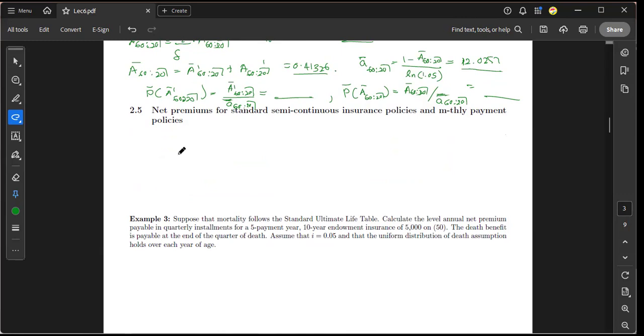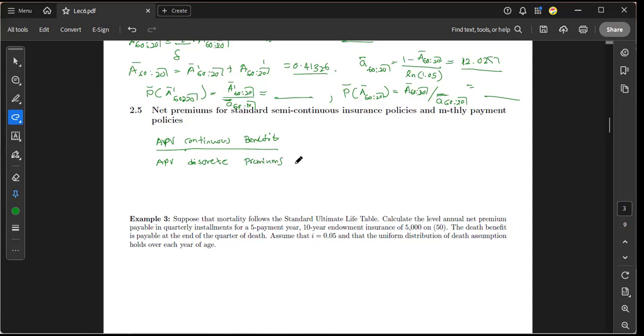That means we have a continuous benefit, and you get the actuarial present value of the continuous benefit and divide by the actuarial present value of the discrete premiums.